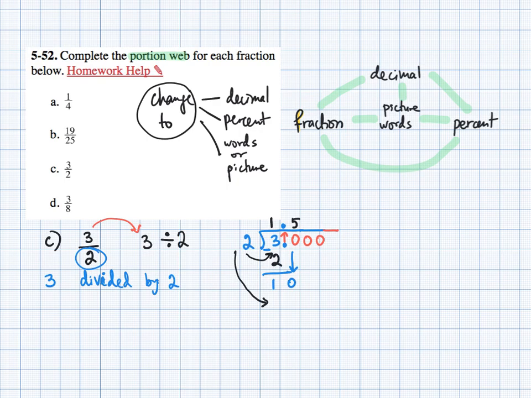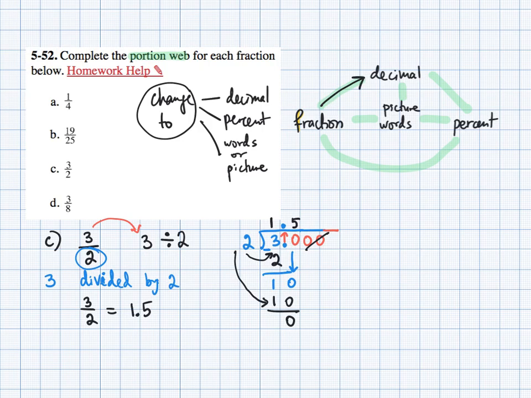So when you multiply 5 times 2, that's the 10. Subtract, remainder 0, so I don't need to continue. So the decimal is 1.5. So record that. So far we have 3/2 is the same as 1.5. So we made the connection from fraction to decimal.